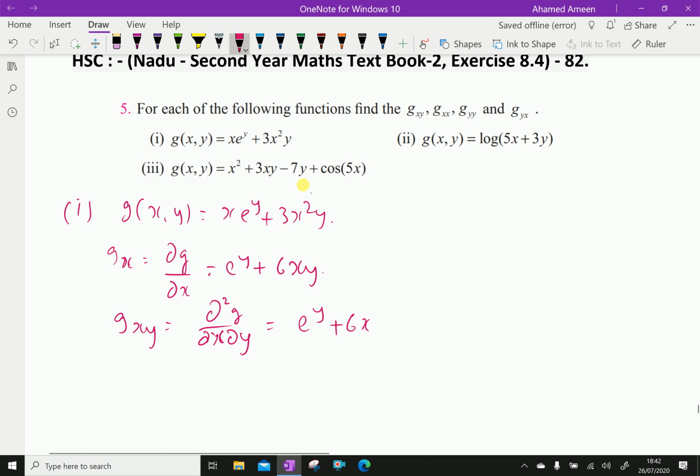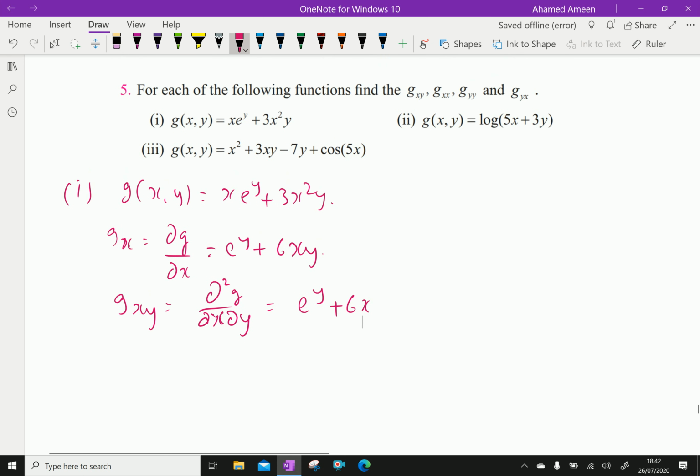Next, the second one is g of xx we have to find. First, g of x is already there. We have to differentiate it with respect to x. G of xx equals dou square g over dou x square, which means we differentiate this with respect to x.